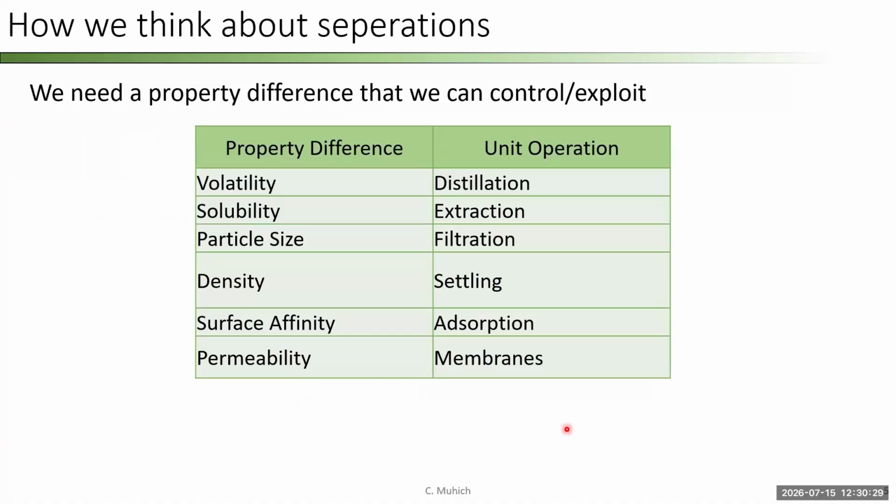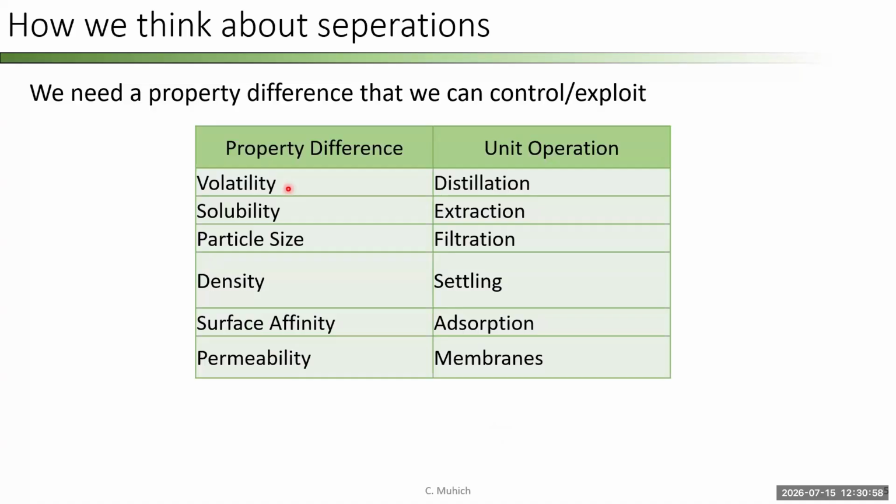Okay, so like I said, we have these different control knobs, but how do we exploit them, right? And so what we really are looking for are property differences that we can control or exploit in order to preferentially extract one set of molecules over another. So for example, we could have differences in volatility, right?